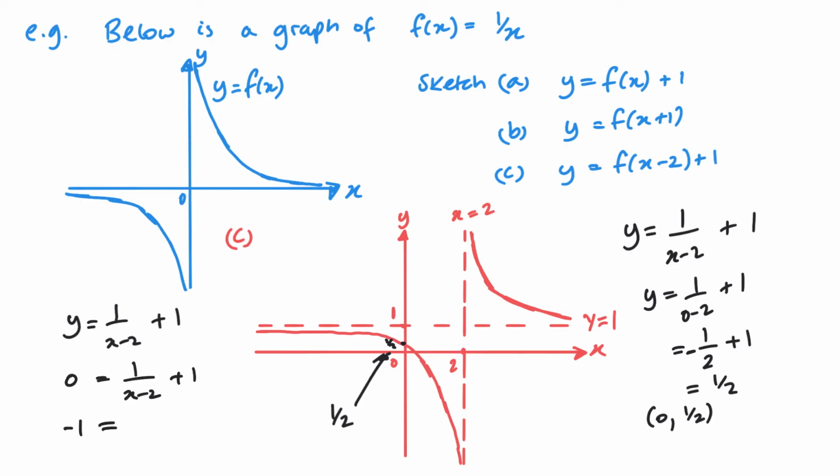So take 1 from both sides, and then I need to multiply by this x minus 2. So that's going to end up being 2 minus x equals 1. And then I can see from this that x equals 1, so the coordinates are 1, 0. So my other coordinate here will be 1, 0.